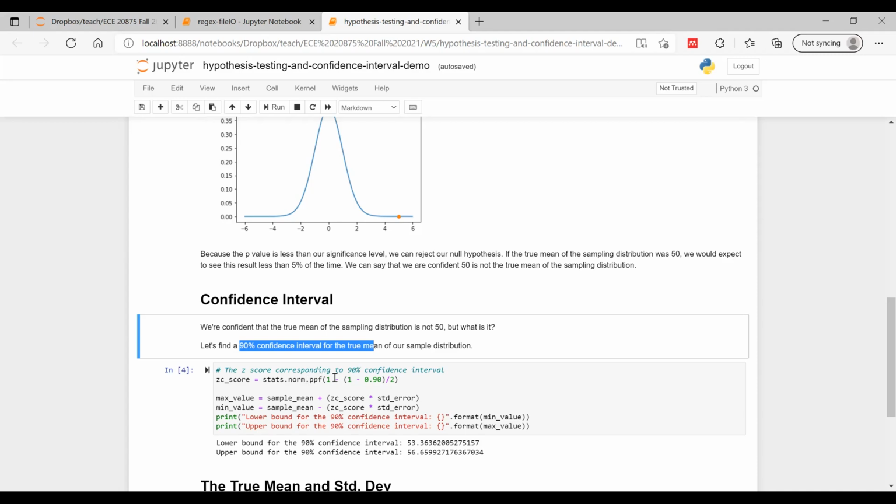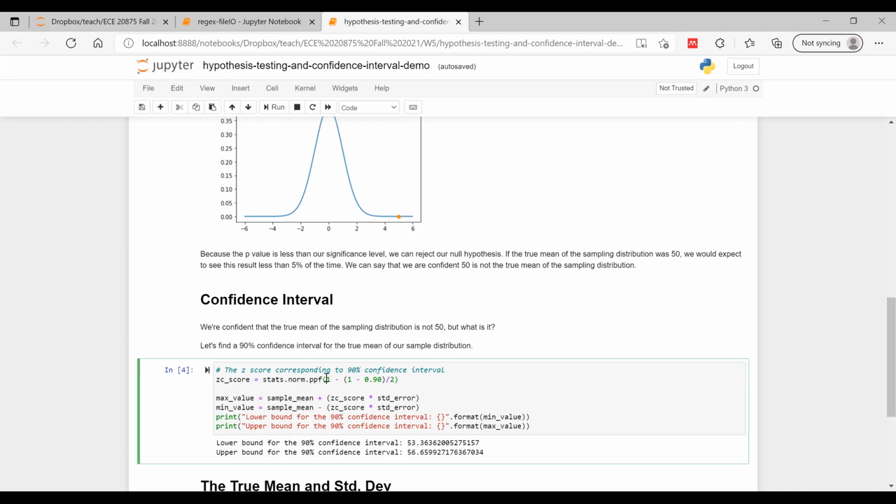To do that is very simple, right? Since we want the center region to be 90%, and we know the symmetric tail region will be 1 minus 90%. To get the small region on one side, we just divide by 2. Then we use 1 minus that to get the CDF to the left. So I hope you have the picture in your mind. That will be your z-score.